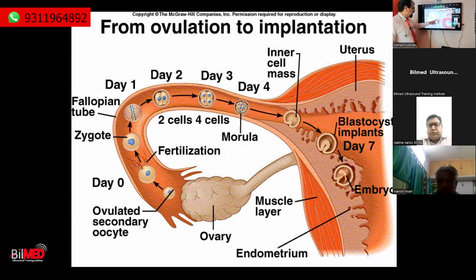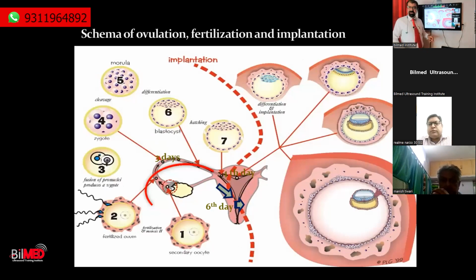For example, if we are having a long tube, a tortuous tube, a narrow tube, it means that the 3 to 4 days will get stretched maybe up to 8 to 9 days. So there is the risk of ectopic pregnancy, which we will discuss. So this embryology is itself a backbone, yes, I am repeating, of early pregnancy scanning.